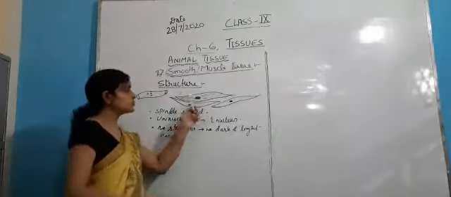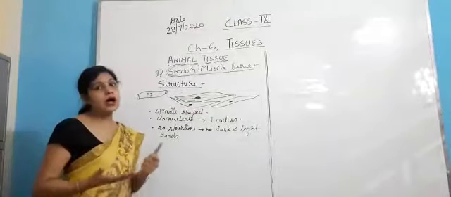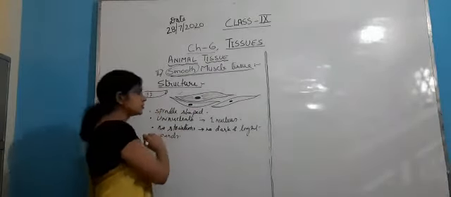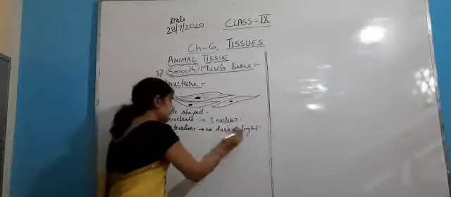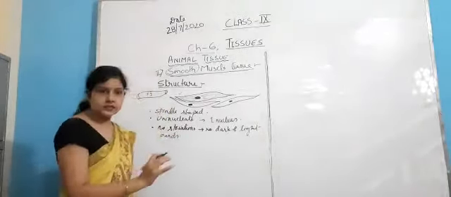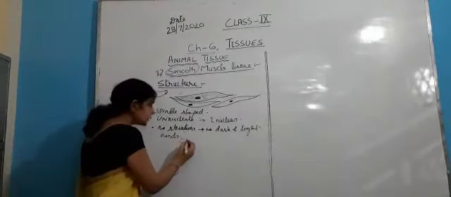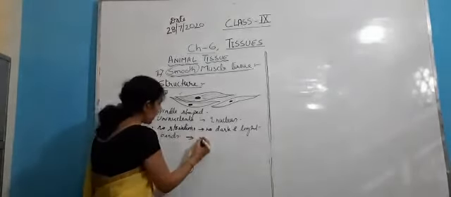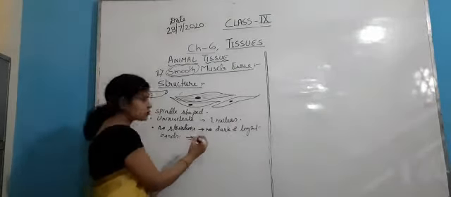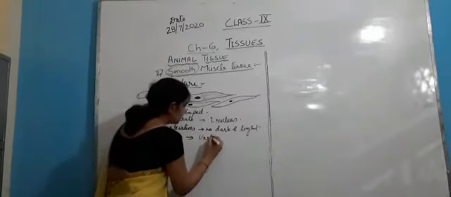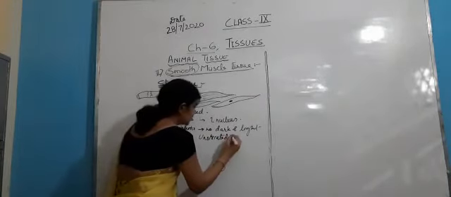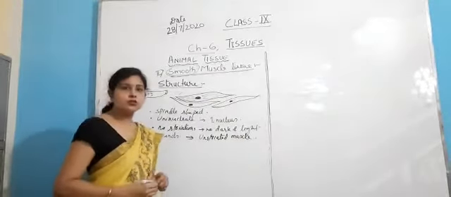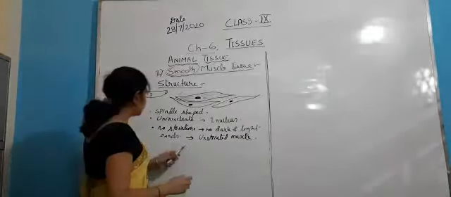That is why the bands of actin and myosin are not visible, no dark and light bands are visible, and thus the smooth muscle tissue is also called unstriated muscle.